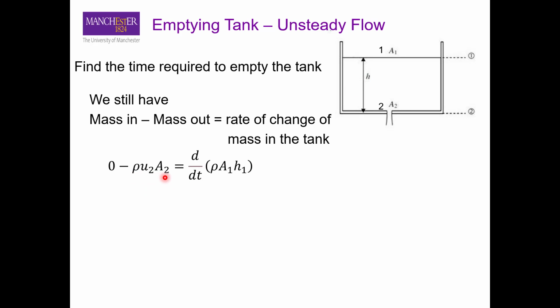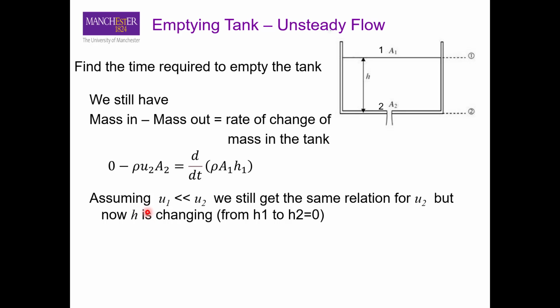The mass out is the mass flow rate, that is rho times u2 times a2, and these two should be equal to the rate of change of mass in the tank, so that is rho a1 h1, and you are taking the change in mass per unit change in time.